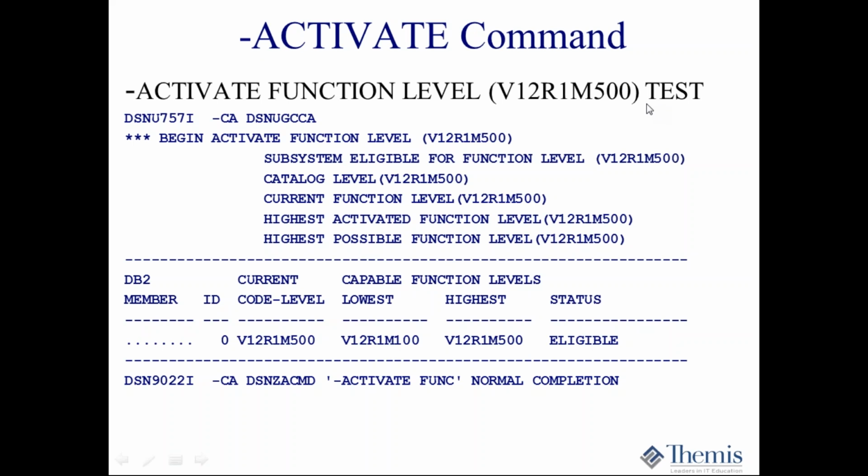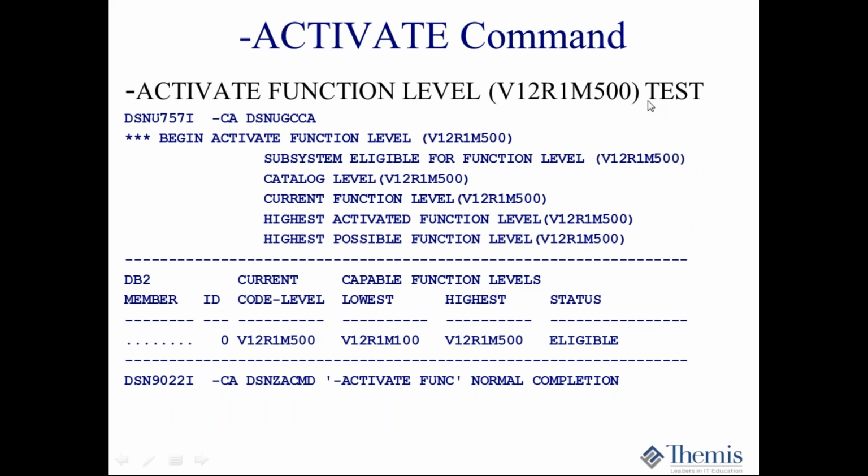Now, test. This is what it's doing. I'm currently at 100, and I want to test if I'm going to have problems with 500 activation. Going forward, beyond 500, getting modification 501, modification 503, it would be a good idea to test before I activate a new modification level.